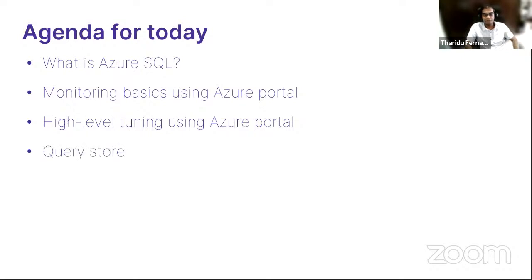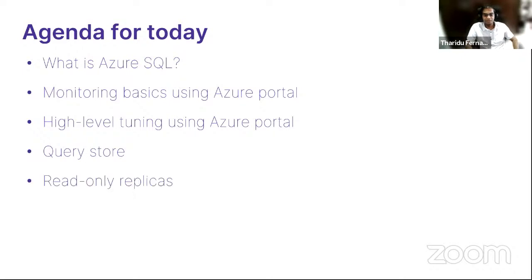And then we'll be going into detail how to use Query Store and what are the basic things that we can do to find out which query causes the CPU load or IO load in the SQL server, so we can troubleshoot those.